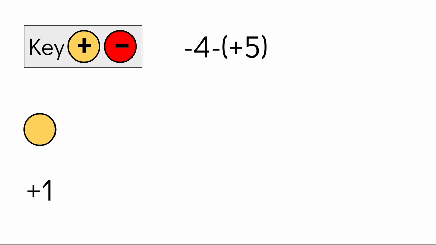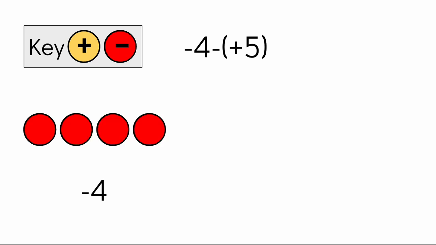Now let's model negative 4 minus positive 5. We'll show negative 4 with 4 red counters. We currently have no yellow counters that we can subtract or take away. So we'll add 0 pairs until we have 5 yellow counters we can take away.